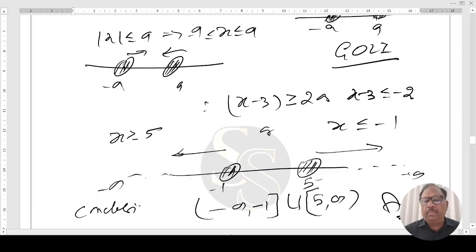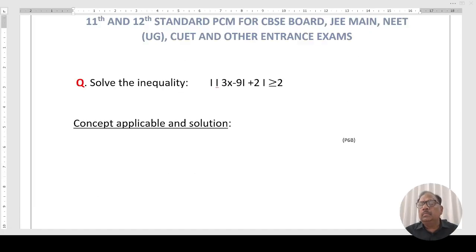Next question. Solve the inequality: mod of (mod of 3x minus 9, plus 2) greater than or equal to 2.